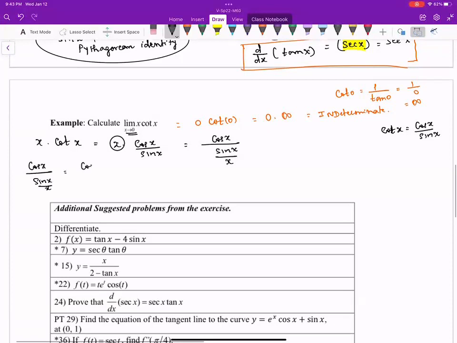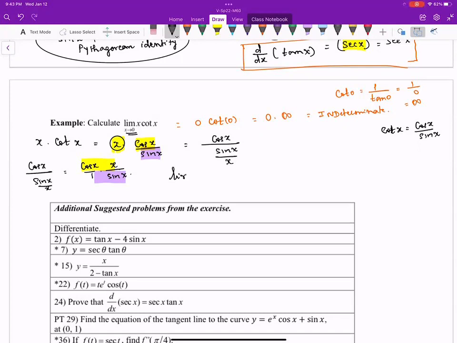It is cosine x over 1, and if you flip and multiply, you get x over sine x. So on the numerator, you have x times cosine x, which is what we have here, and on the denominator, we have sine x. Right? So we can definitely write this expression as cosine x over sine x over x.